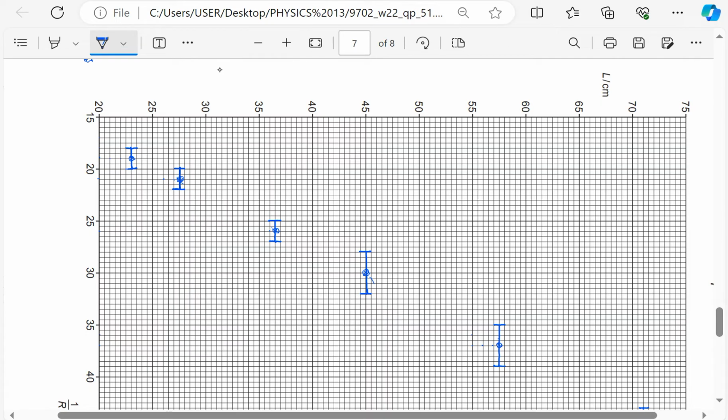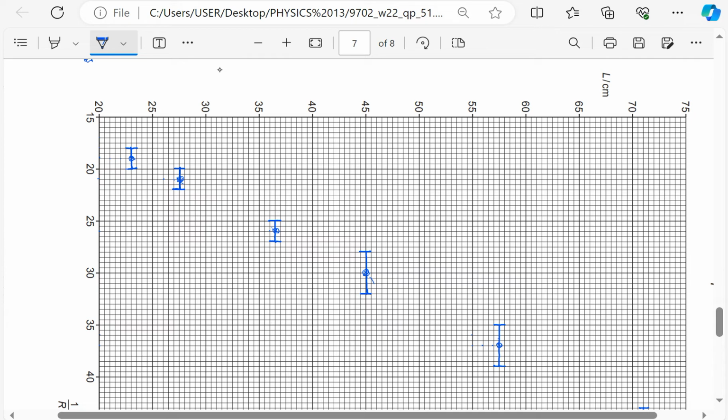The other one was 21 against 27.5, which is correct. This is 25, 26, 27, 27.5.